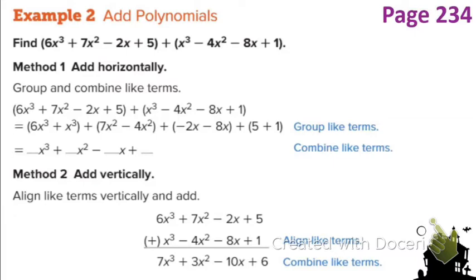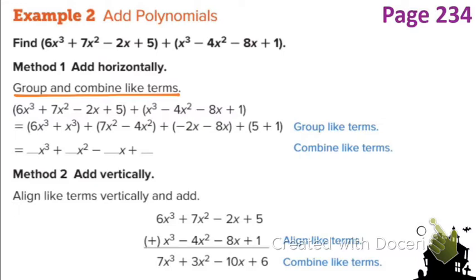We can add them horizontally. We're going to group and combine our like terms together. So if I look at my first polynomial, it has a 6x cubed. Is there an x cubed, a like term, in the other polynomial? Yes.